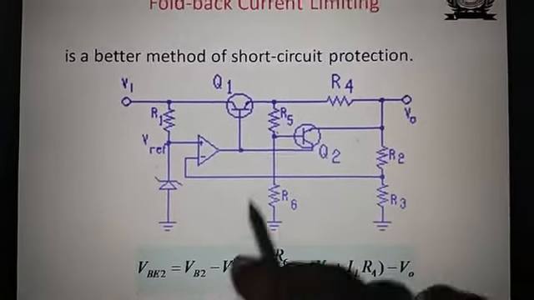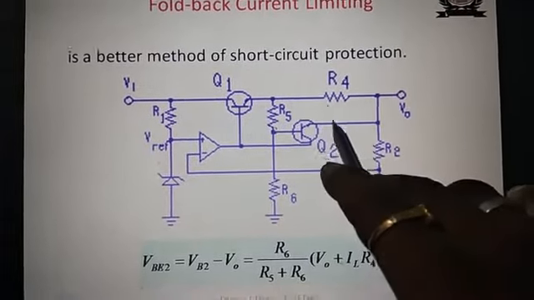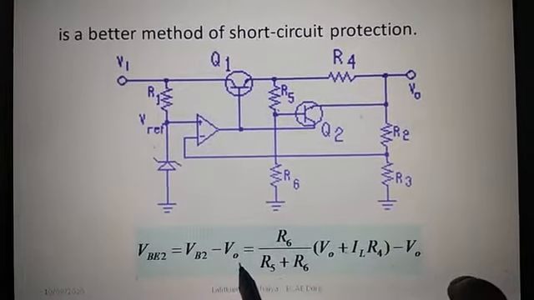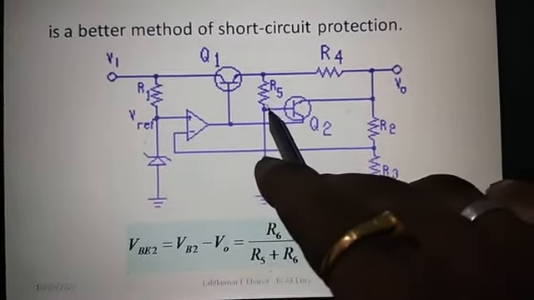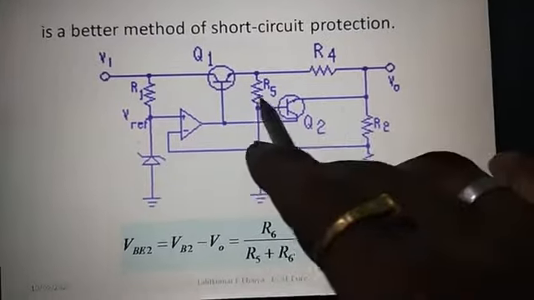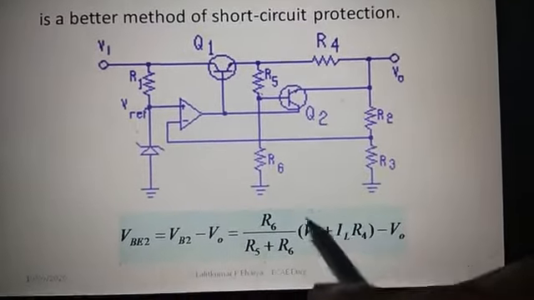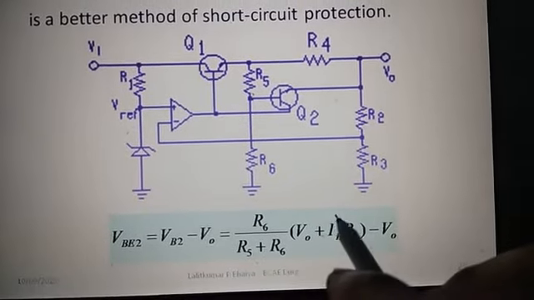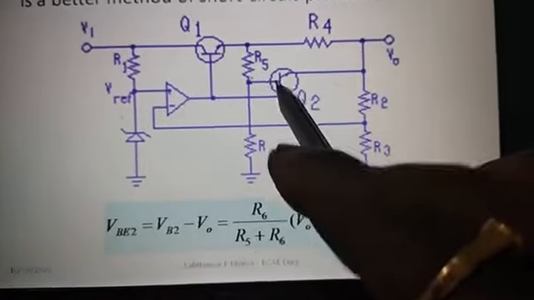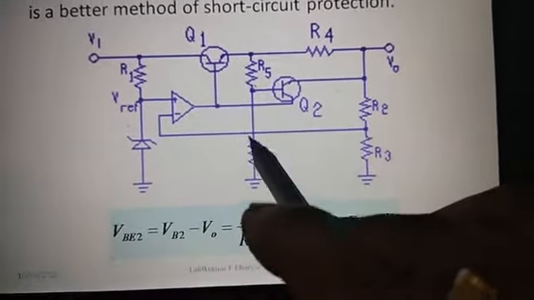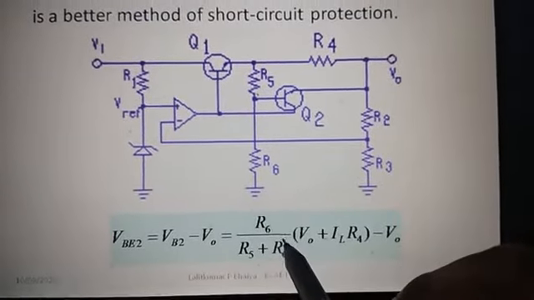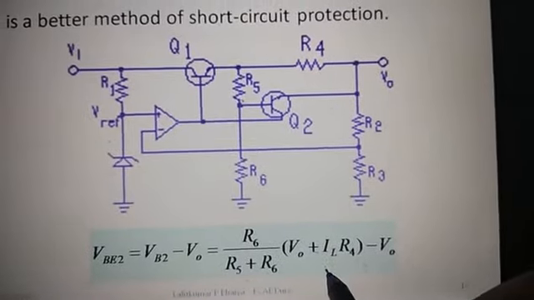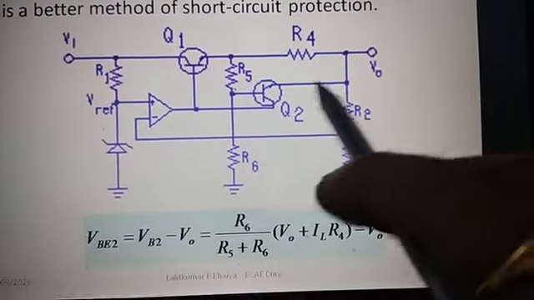Here VBE2, the base to emitter voltage, is equal to VB2 minus V0. This VB2 minus V0 is nothing but VBE2. And this is equal to R6 upon R5 plus R6, the drop across R6, into V0, plus IL into R4.